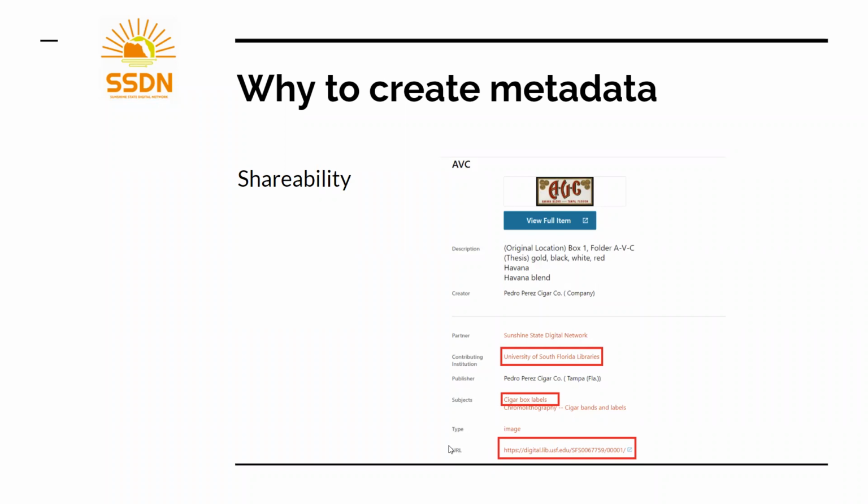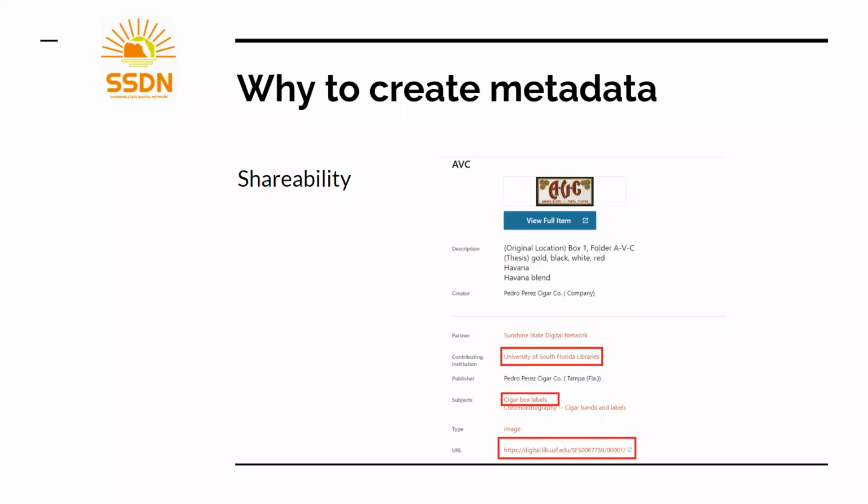Well, this image is one of the items in our Tampa cigar industry and art collection. If you encounter this image under the collection, you can easily tell that it's a cigar box label and it's part of USF digital repository. But once it's harvested, the item lost its original umbrella of the repository and the collection.